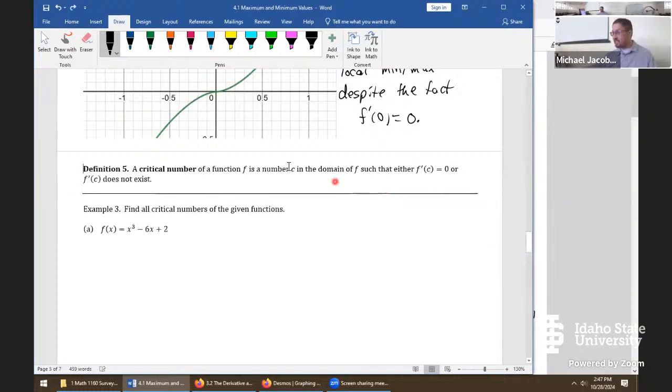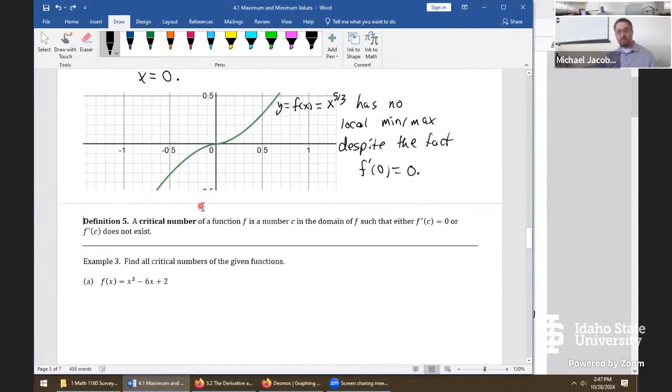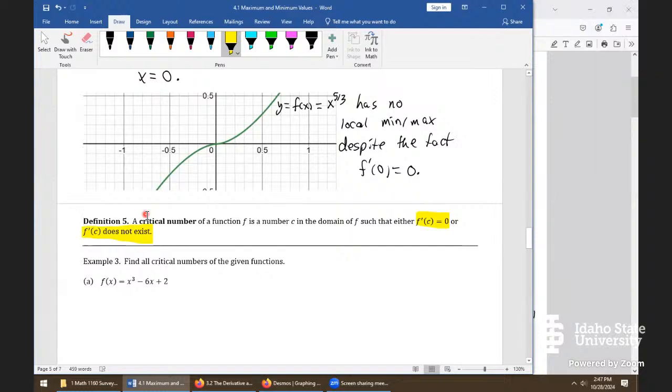So definition 5 says, a critical number of a function is a number c in the domain such that either the derivative is 0, like Fermat's theorem, or the derivative just doesn't even exist. So we like critical numbers because if we're hunting for local minimums or maximums, the first you're going to consider.